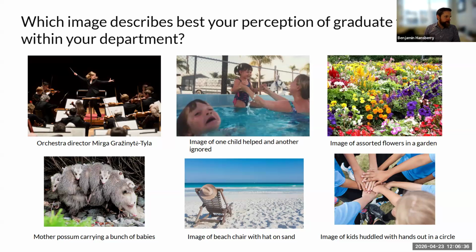An orchestra director, one child being helped while another child is drowning, flowers in a garden, mother possum, a beach chair, or a group of kids putting their hands together. In your Zoom options, there should be an annotate, which should bring up some ways to mark the slide.